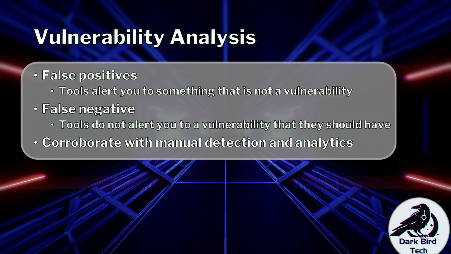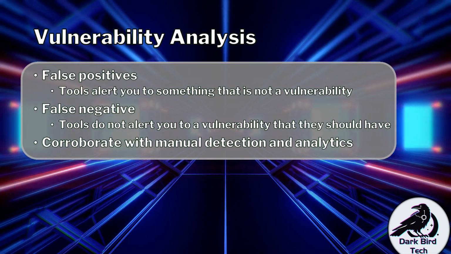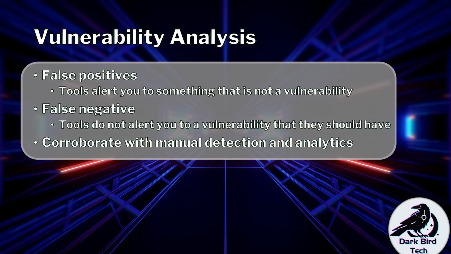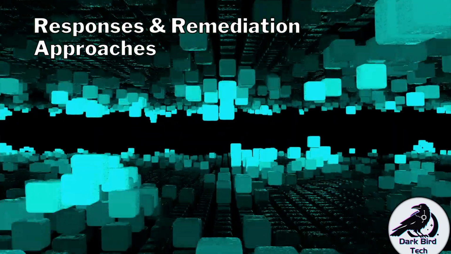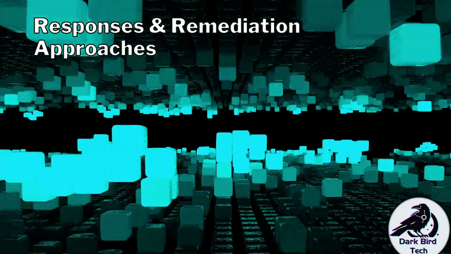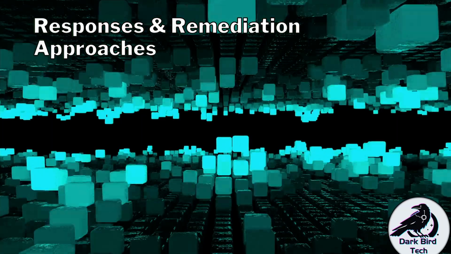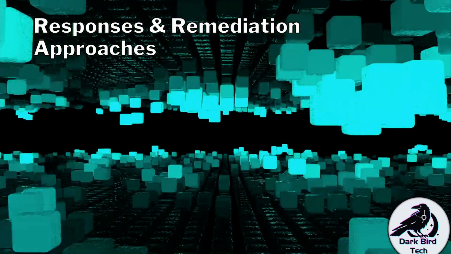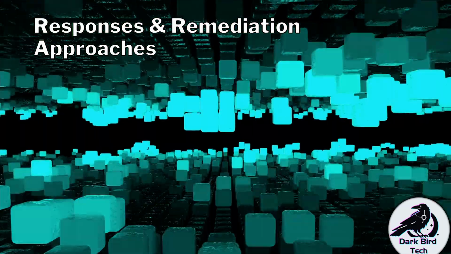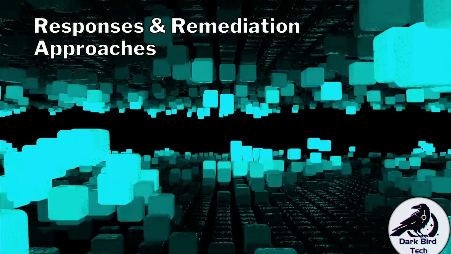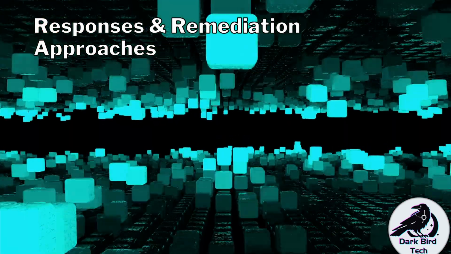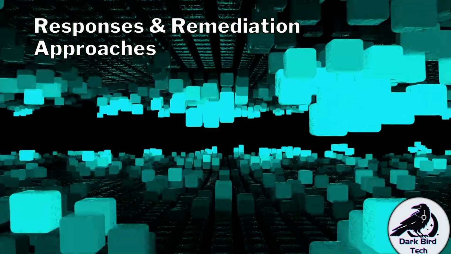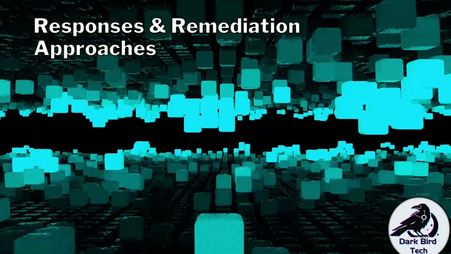Now, once you have spent time looking into a vulnerability, understanding its nature, seeing what could be done about it, and so forth, you now need to start thinking about what type of responses and remediation approaches you are going to consider. You might not have the authority to implement the response and remediation process, in which case you would probably be putting together a report that would be given along to the appropriate authorities that would then allocate the resources to appropriately handle and remediate vulnerabilities.